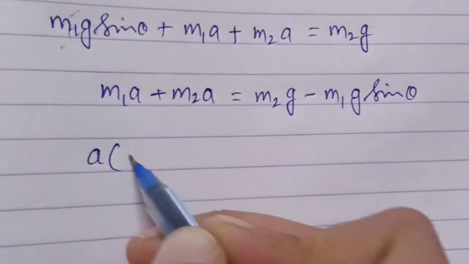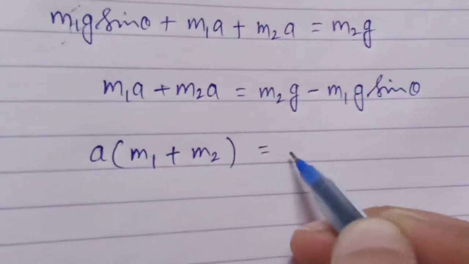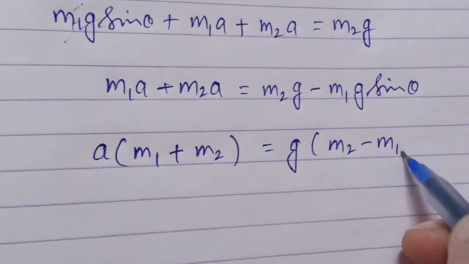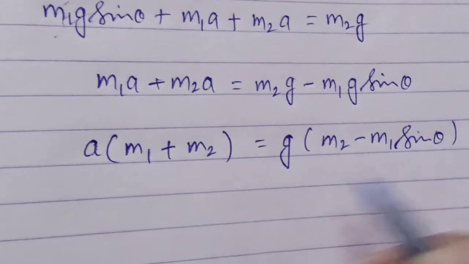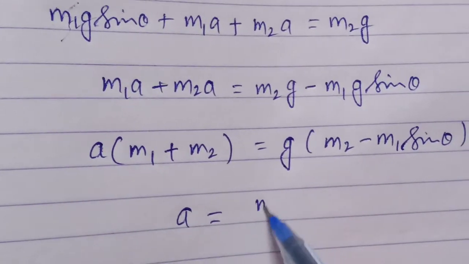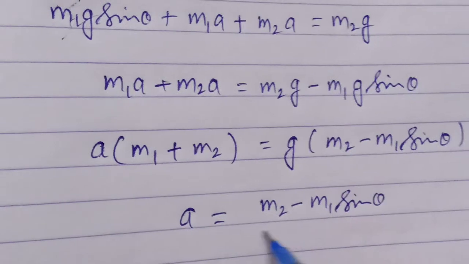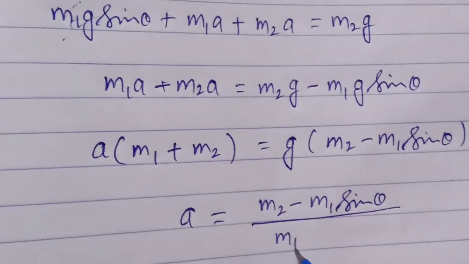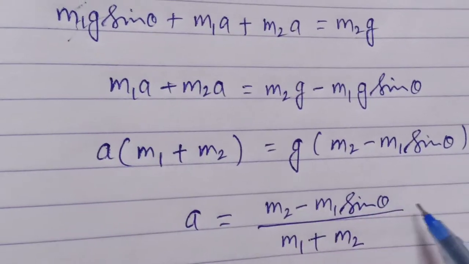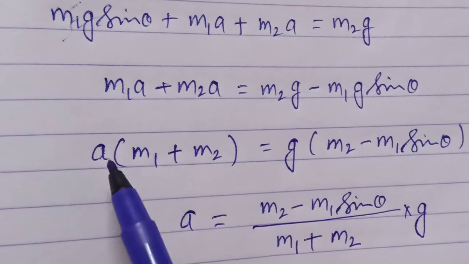Taking the acceleration common, (m1 plus m2), here g is common, (m2 minus m1 sin theta), a is equal to (m2 minus m1 sin theta) upon (m1 plus m2) into g.